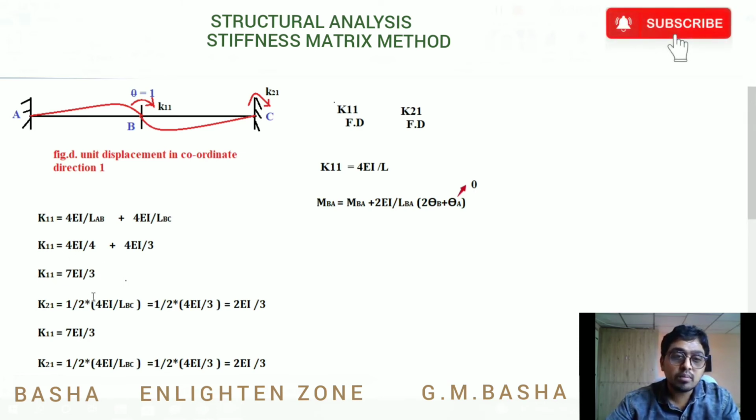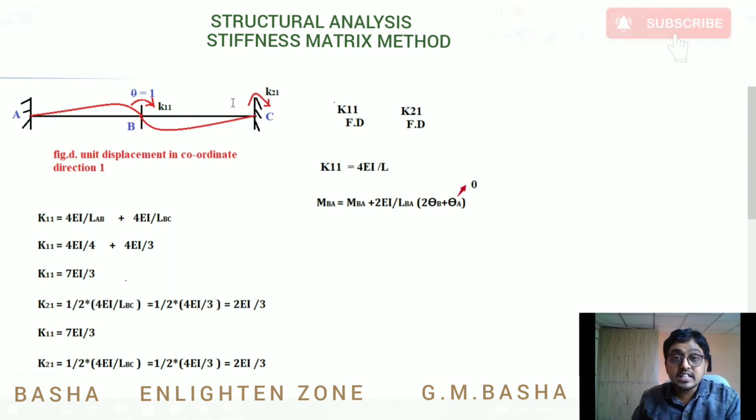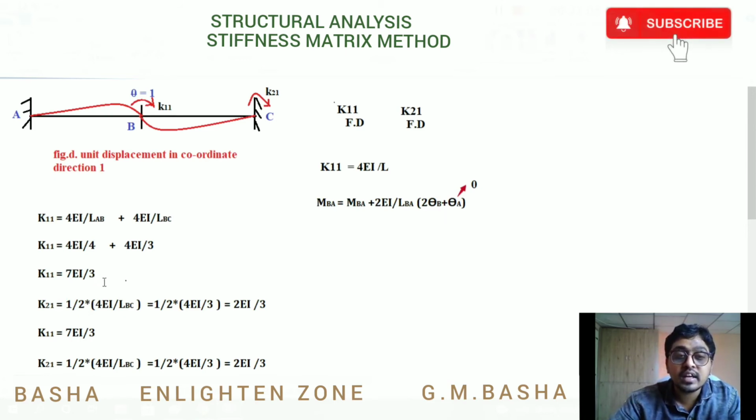Again, whatever moment is obtained here, you can carry to its other end, that is at C. Whatever moment is applied here, you can carry half of the moment to its other end. So half of the moment to the other end means half of the value of 4EI by LBC. You don't take the entire K11 equal to 7EI by 3 into 1 by 2, because the K11 value is obtained from both members.